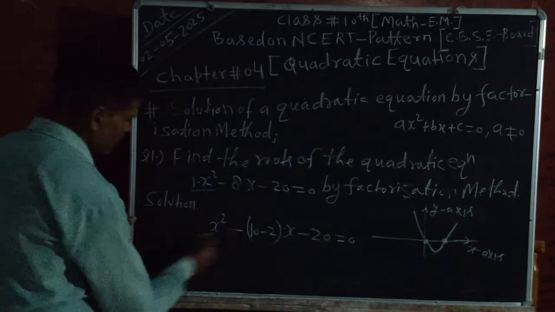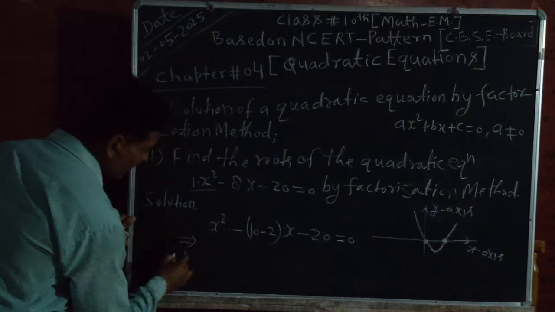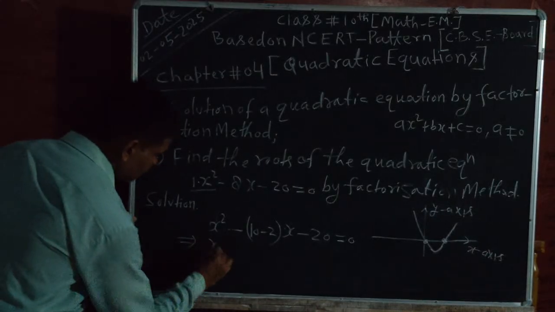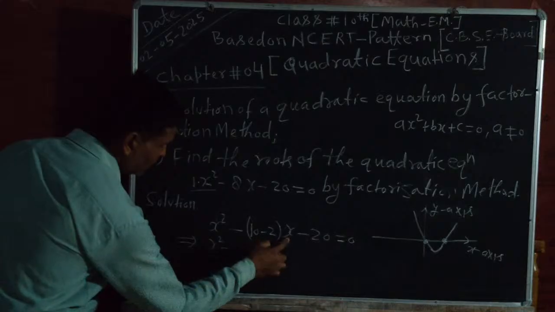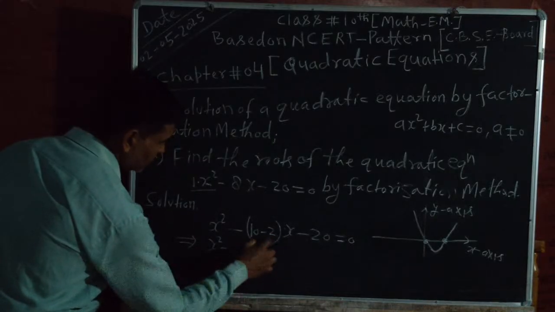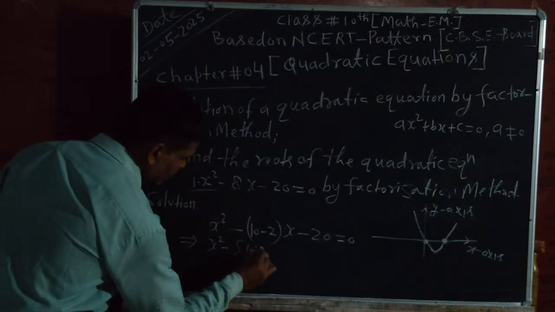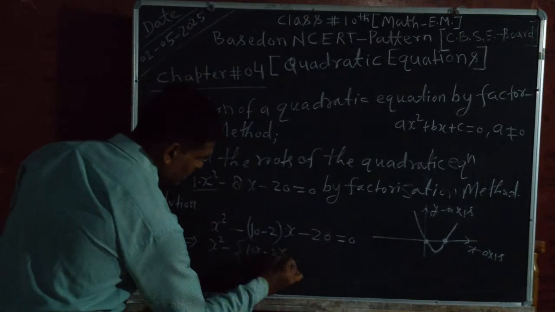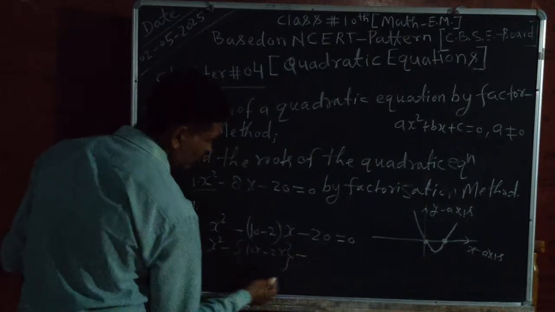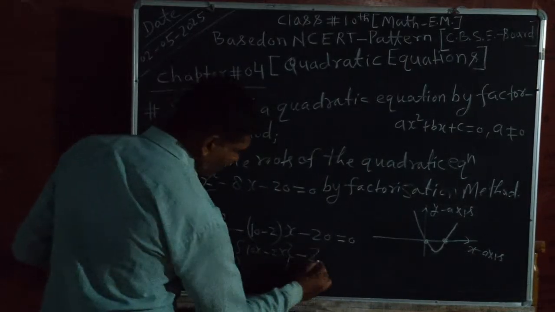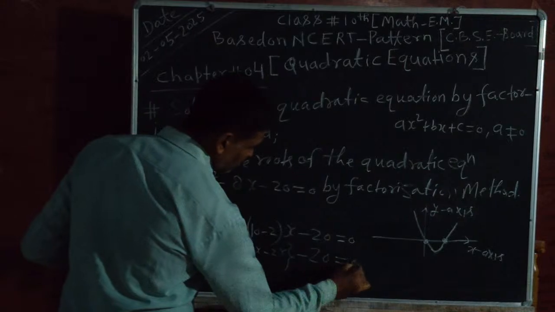Now further I will write, implied that, here I will write x square. Here I will multiply x with 10 and also x with 2. So in the bracket I will write 10 into x, 10x, minus 2 into x, minus 2x, and here I will close the bracket. Now further I will write minus 20, which is equal to 0.